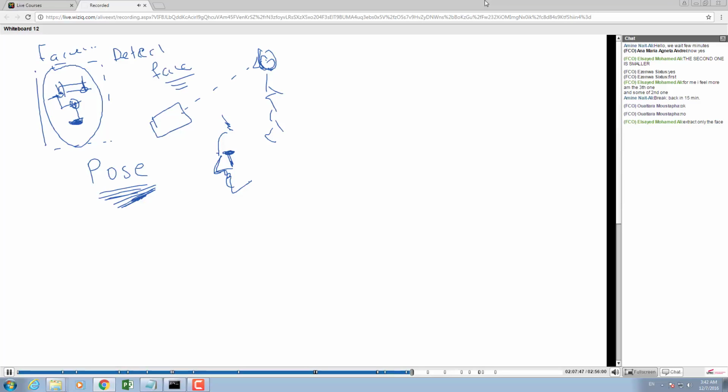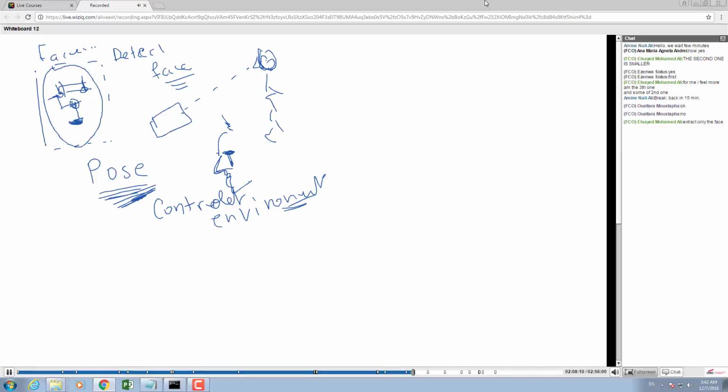Because very often in some face analysis and face recognition systems, we need to achieve some measurements. So if the person is not in front of the camera, we have a problem of pose, and it's really difficult to achieve some measurements.